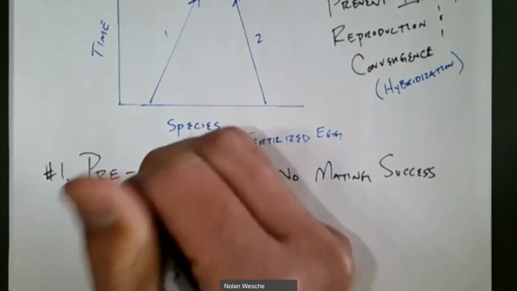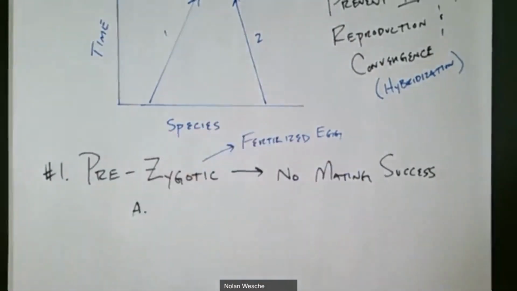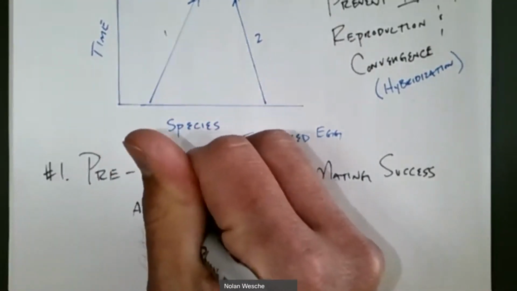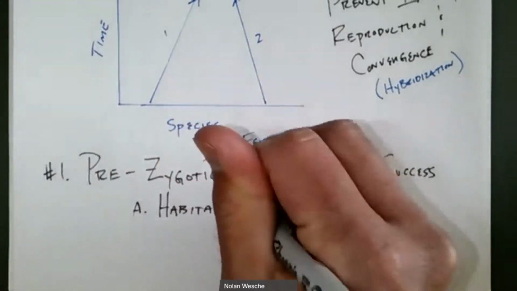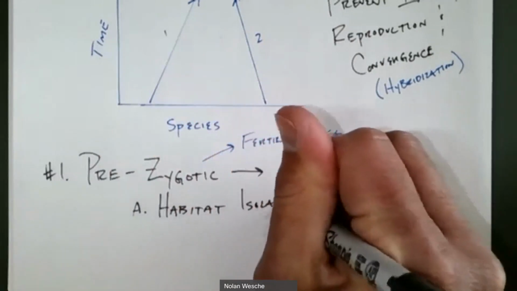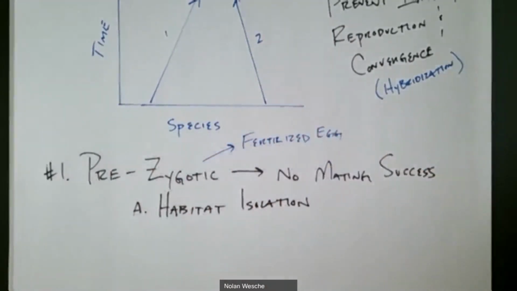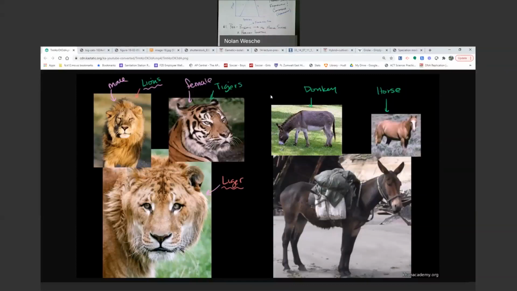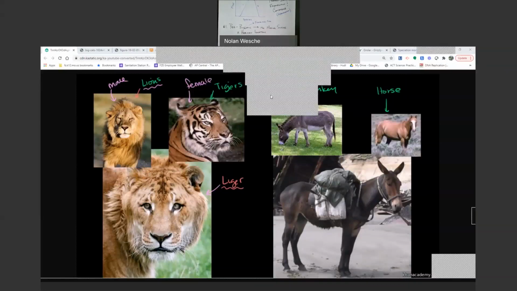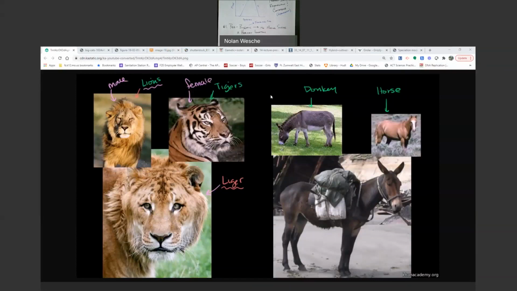So the first one, we'll just letter them off here, is habitat isolation. We'll give you an example here. So when we think about our big cats, when we think about lions and tigers, they are able to breed, and they do form this hybrid called a liger or a tigon.